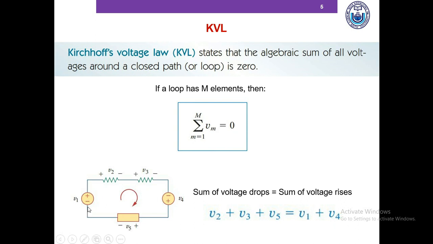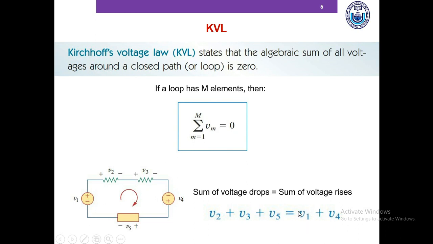How do we know that? This is the positive terminal, this is the negative terminal. So as we saw in lecture 1, this means that the voltage of this point is V1 high with respect to this point. So here basically we're having a voltage rise.